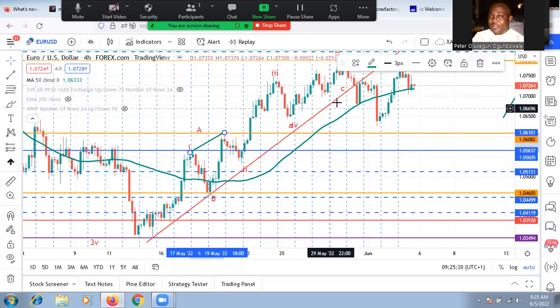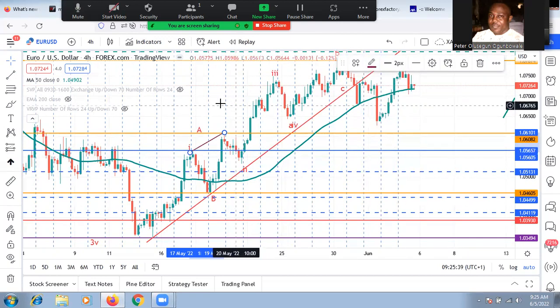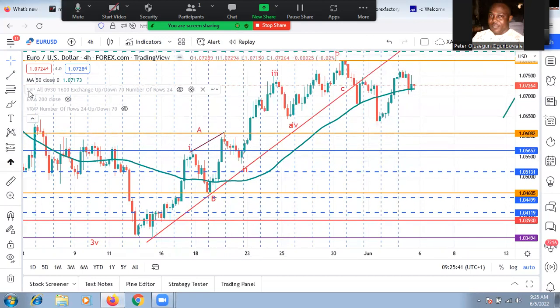You can see that it's a running flat in the middle there. And that's the way a running flat is going to look like.